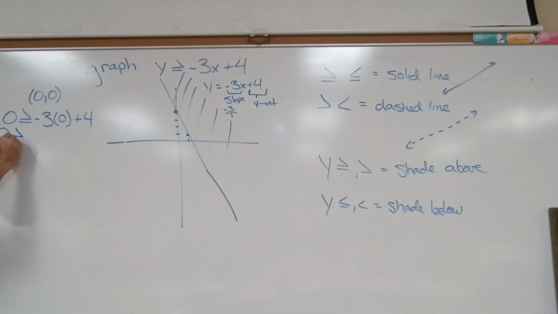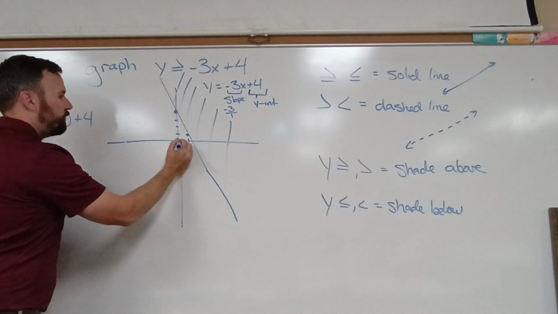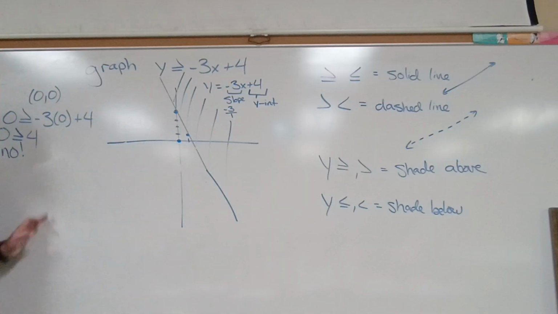Is 0 greater than or equal to 4? No. So will this graph be shaded on the side with 0, 0? No. If that was a yes, I would shade the side with 0, 0.